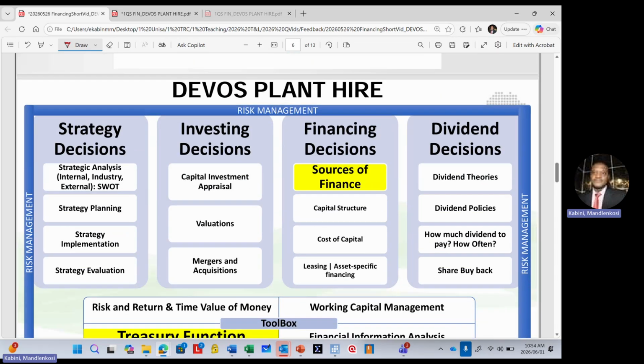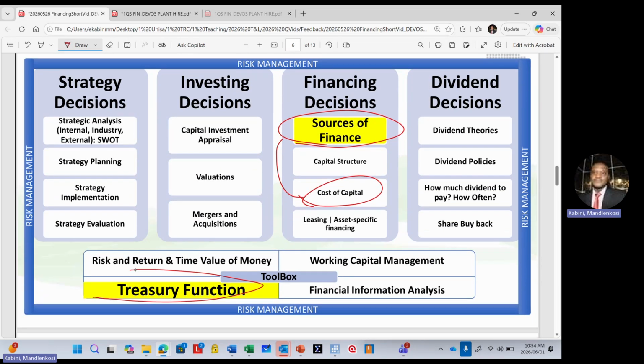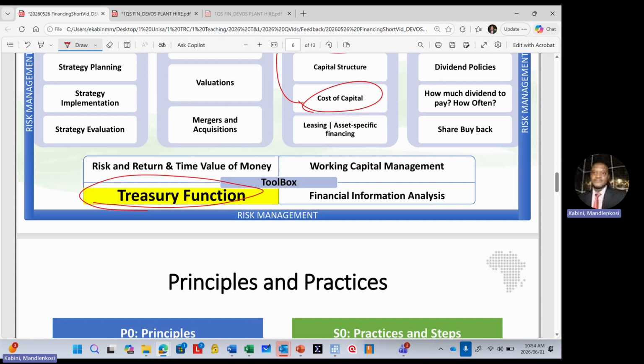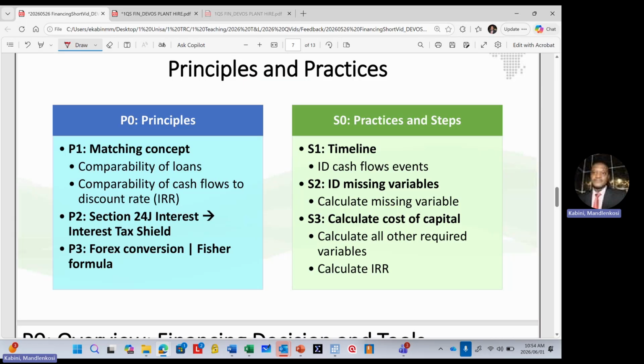You can see this forms part of sources of finance, and we calculate the cost of capital, financing decision. We also apply foreign exchange rates, so it touches into treasury in terms of analysis. The principles that we applied to be able to do all those calculations: firstly is the matching concept.